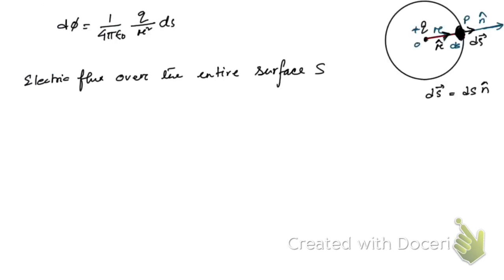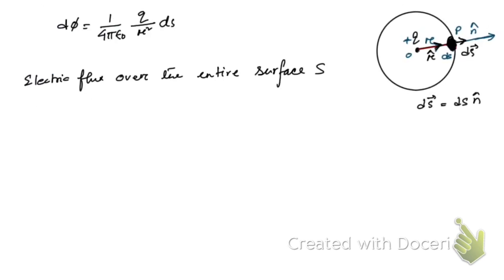Here you see this is the diagram, right? Let me consider that this surface is S, the entire surface area. In order to obtain the total flux, we have to integrate d phi over this surface, right?